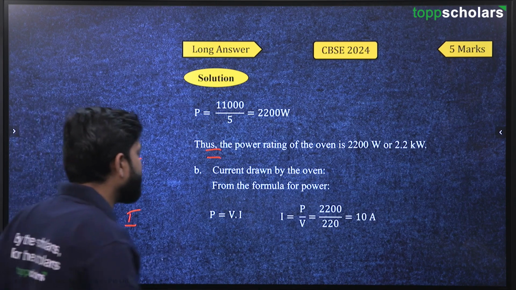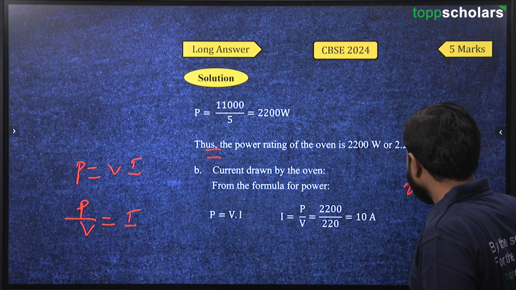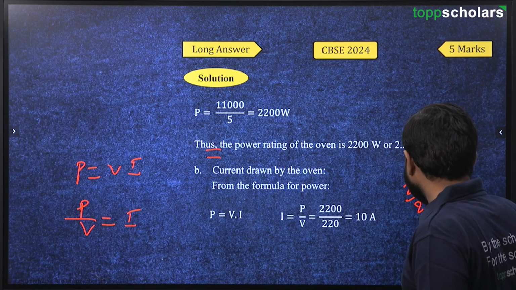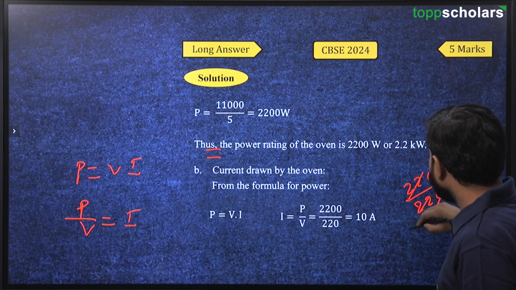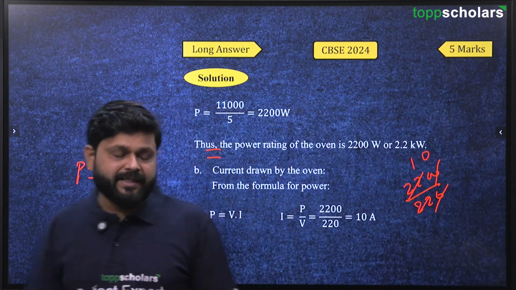So I equals 2200 upon 220. The potential difference has been given to you, 220. If you cancel this, you will get 22 one time, so 10. So 10 ampere of current will be utilized in this.